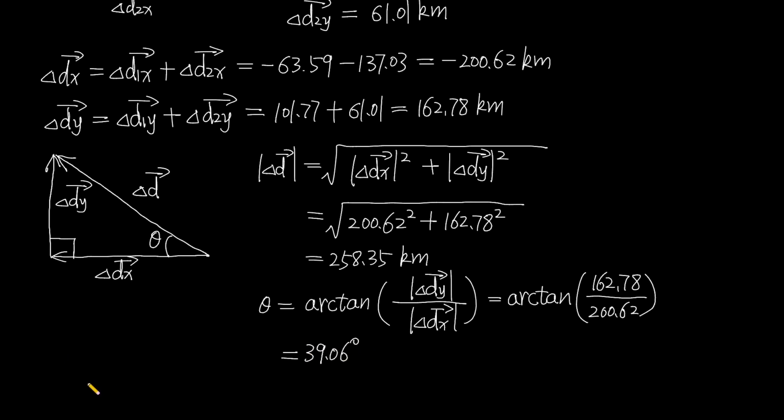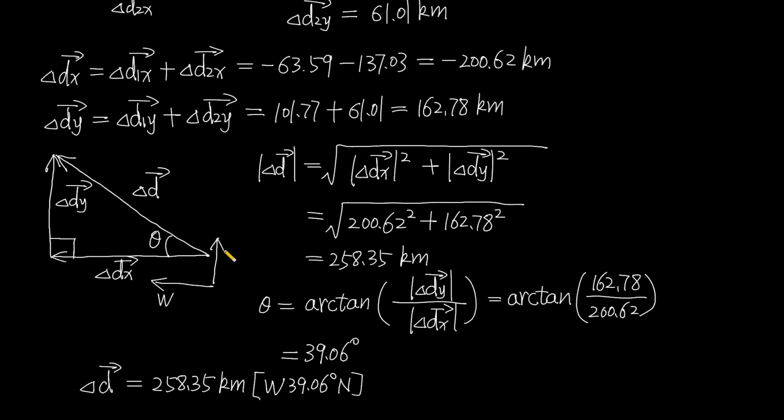Now we know that the total displacement delta d is just 258.35 kilometers, and the direction is west 39.06 degrees toward north, because this direction is west and this direction is north.